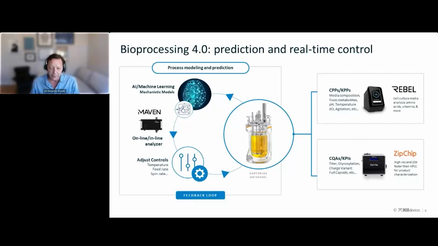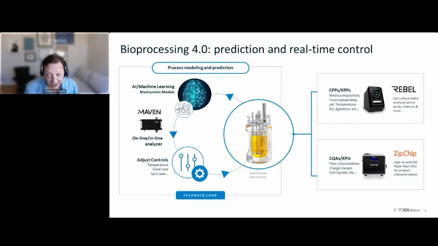That's a capillary electrophoresis microfluidic system that connects to a large mass spec platform, and it supports a very rapid analysis of CQAs and KPIs. So it could certainly do tighter glycosylation in detailed glycobiology, charge variants, full versus empty capsids, etc. It's very high resolution separation and a lot faster than HPLC.